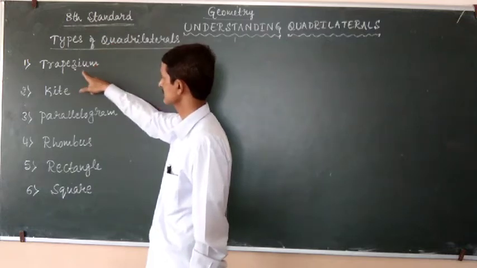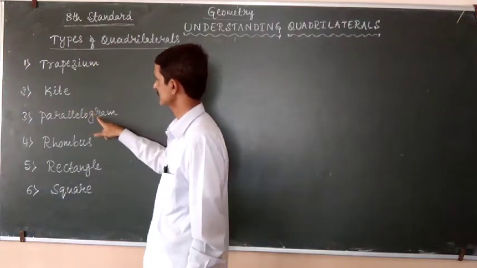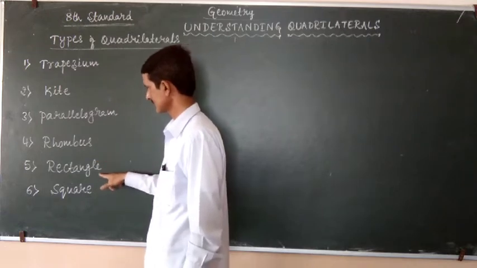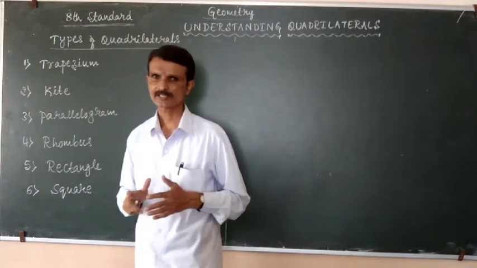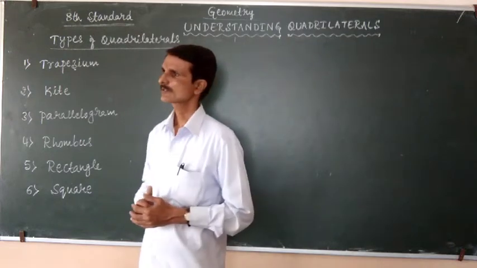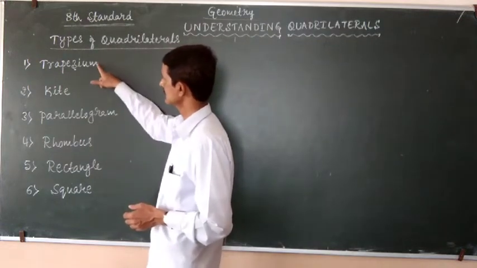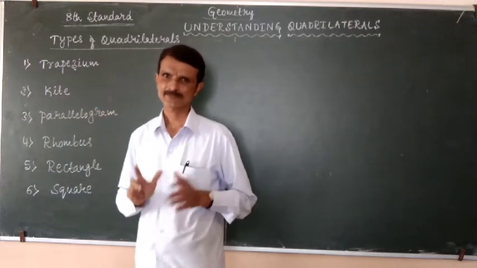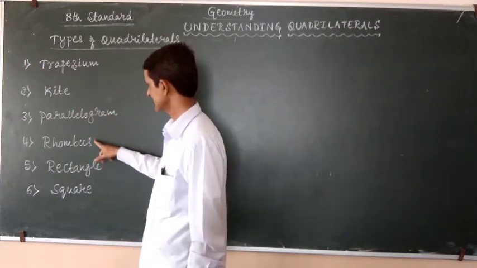Mainly there are three types: trapezium, kite, and parallelogram.